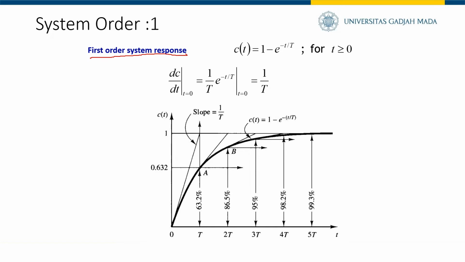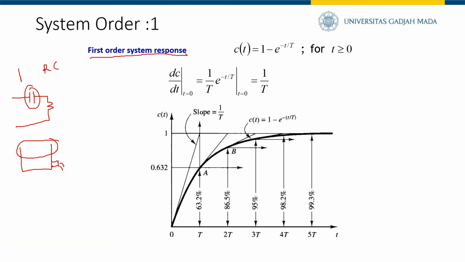I just want to remind you, what is first order? First order is a system with only one energy storage, for example RC circuits and also tank systems. It only has one energy storage, then we call it a first order system.